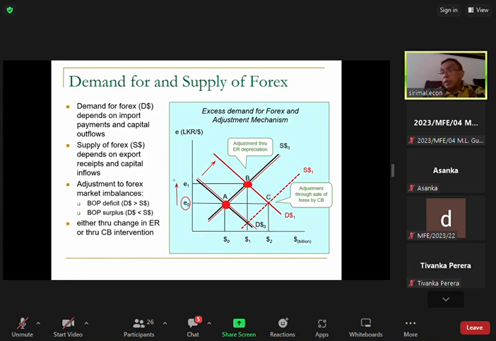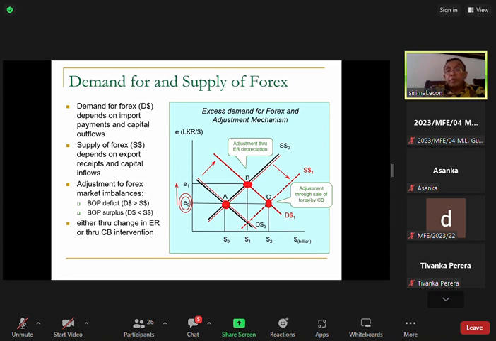But if the government doesn't like it, if the central bank wants to keep the exchange rate as it is at E0, the central bank must meet this demand by shifting the supply line here, so that our equilibrium point in that case would be point C. So that is the adjustment through central bank intervention.